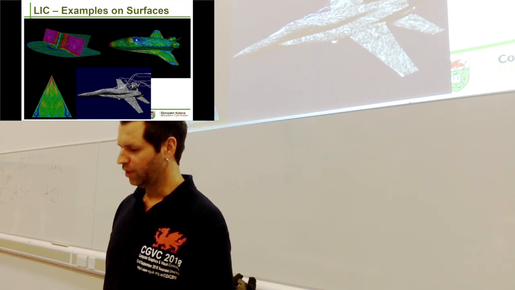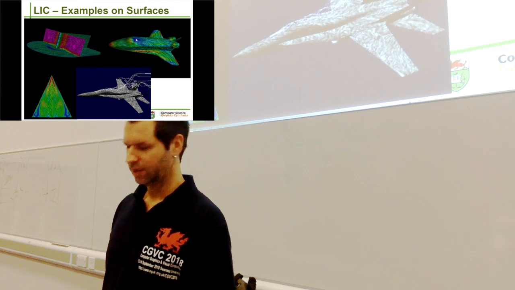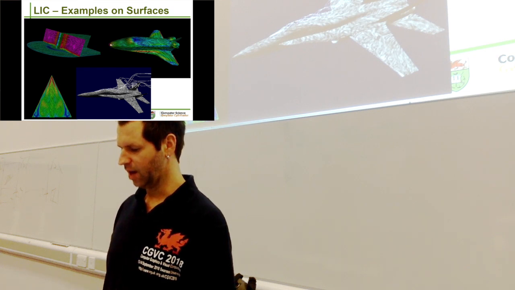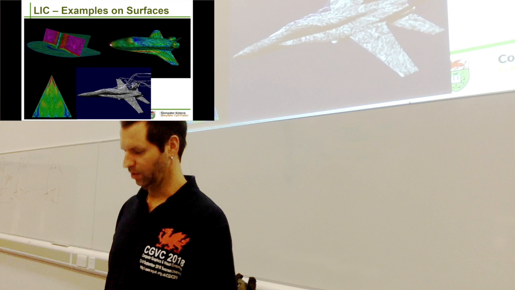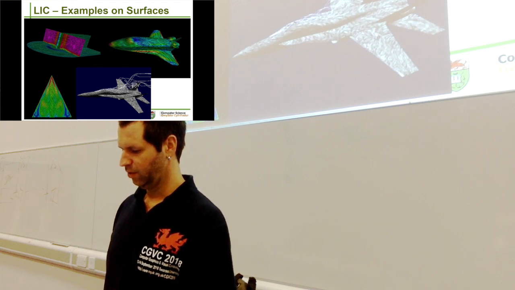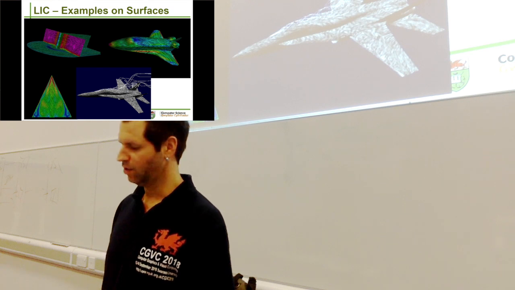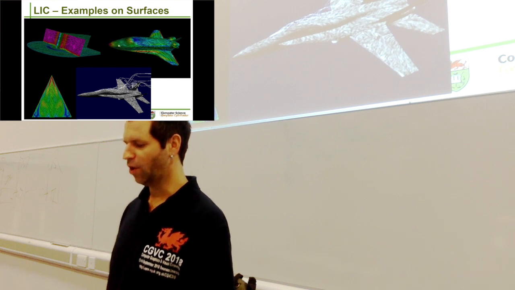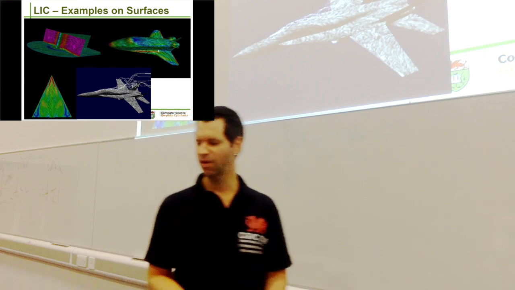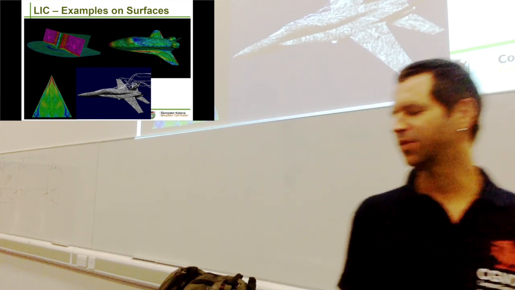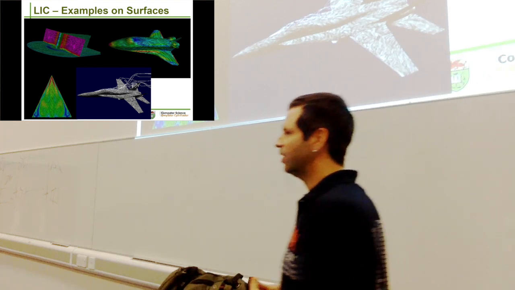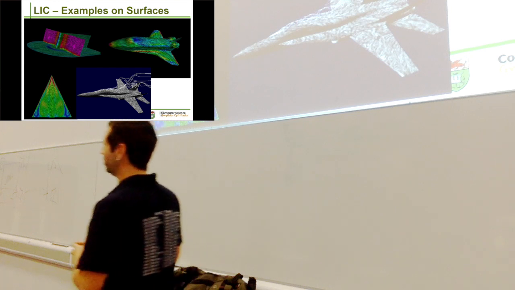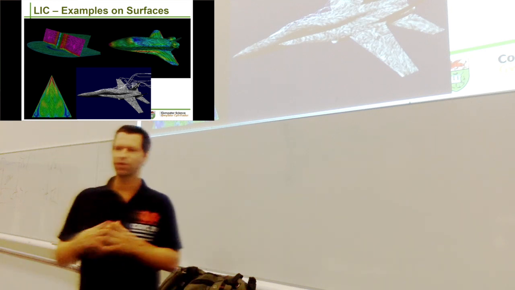Blue is slow velocity in this case, and red is high velocity magnitude. So we can add the orientation and the magnitude in the same image. But again, we don't actually see the downstream direction. We know the downstream direction because we can imagine that thing flying, but literally we cannot see the downstream direction if we're just looking at the texture.